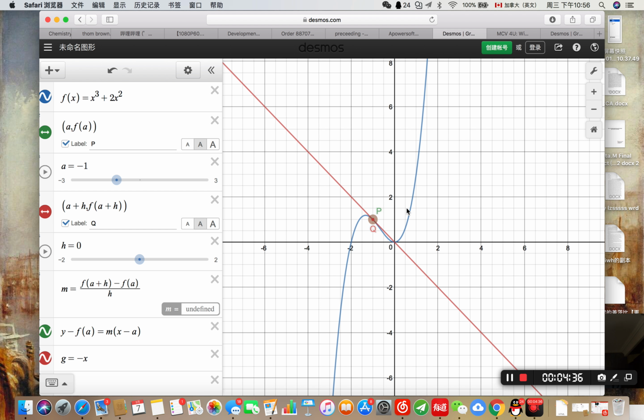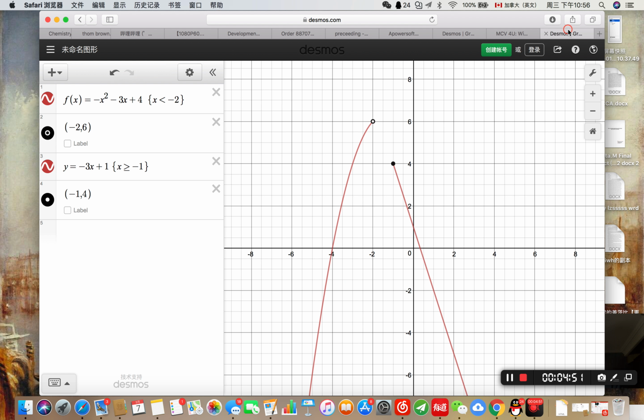But in some special situations, like when the function is separate, like it has a gap between two parts of the function, I will show you this special situation.